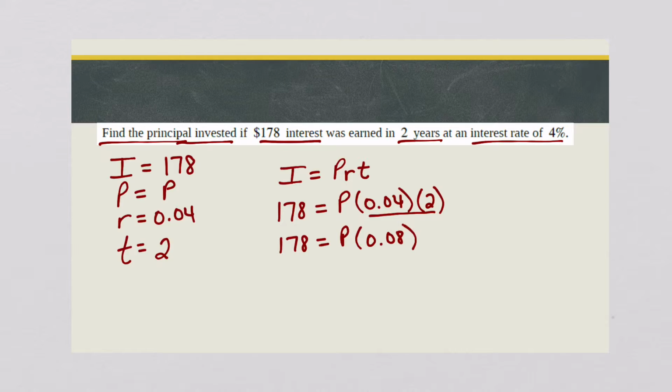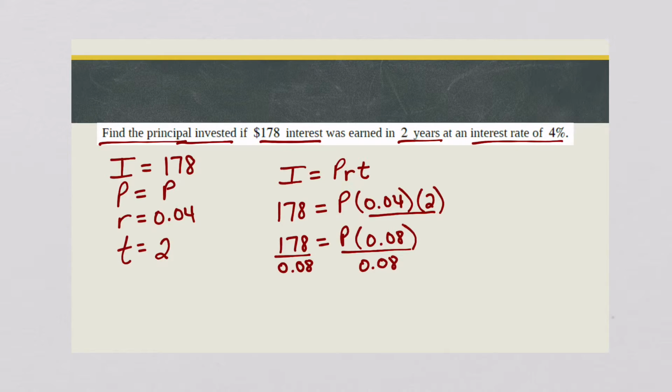Now, I've got to get that P all by itself. I want to solve for my principal. So I'm going to divide, because those 2 are multiplying each other. I undo multiplication with division. And on my calculator, make sure you type this in the correct order.